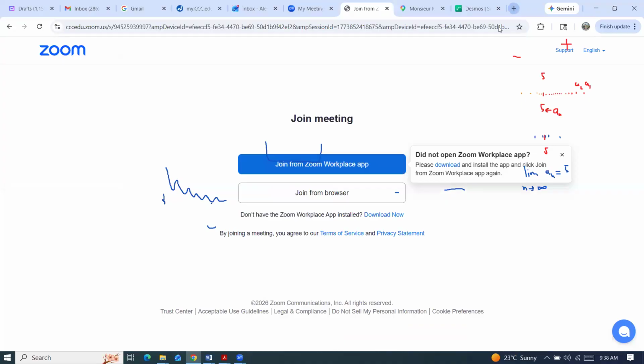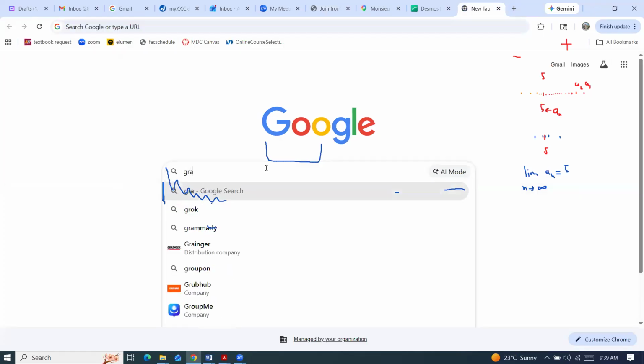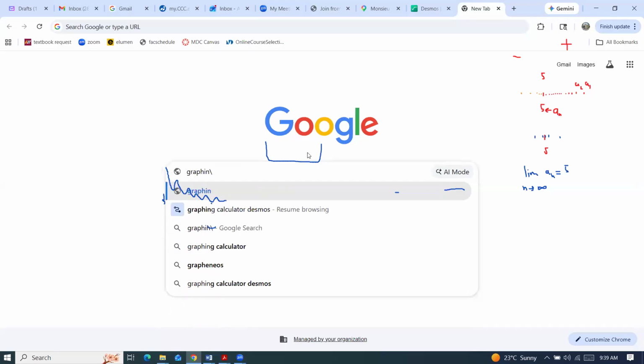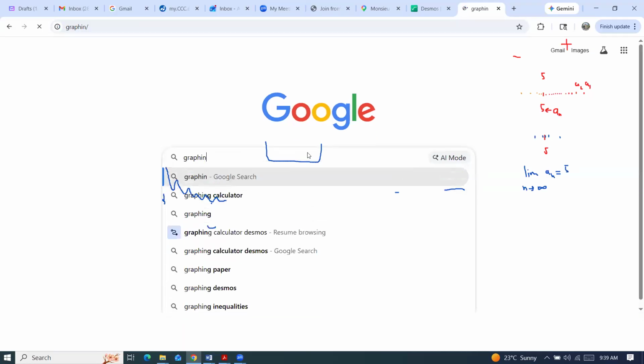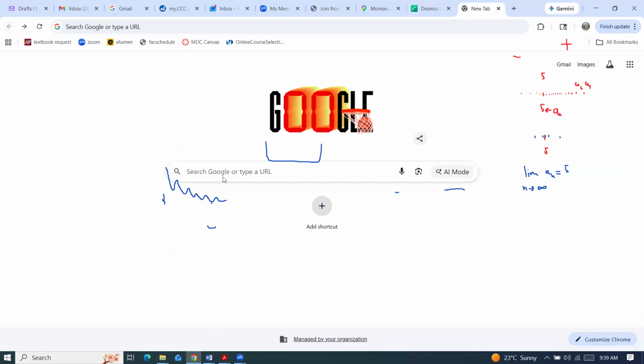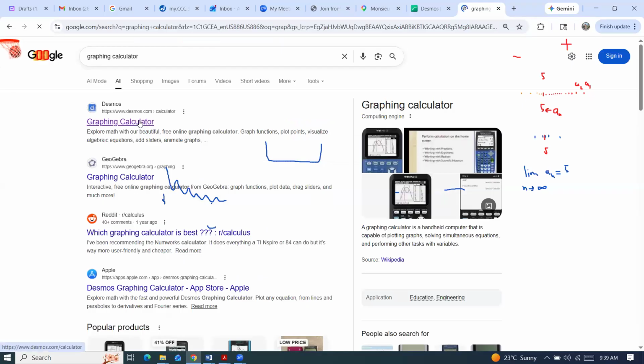So I'm going to type graphing calculator in the search, and it usually appears pretty soon. There is a free graphing calculator, and the very first choice is Desmos. In the old days we used to have those Texas Instruments, or so-called TI, calculators that were over $100 in price.